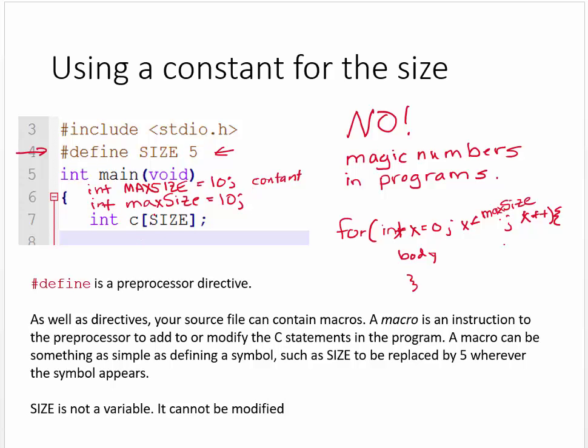So if max size might change somewhere in the program, you write its variable declaration with lowercase letters in camel casing. Remember camel casing. If max size is going to be constant forever in the program, you do its variable declaration with all capital letters. If it's something like pi or a real constant, I would define it up here with my preprocessor directive using the define statement.